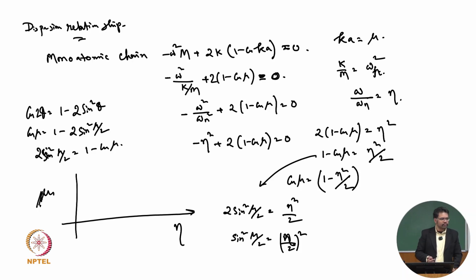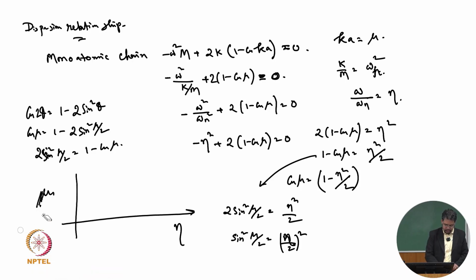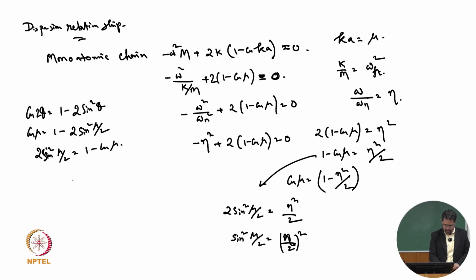If somebody just normally plots it in the opposite way, let me do it opposite first. We put mu first, then eta.